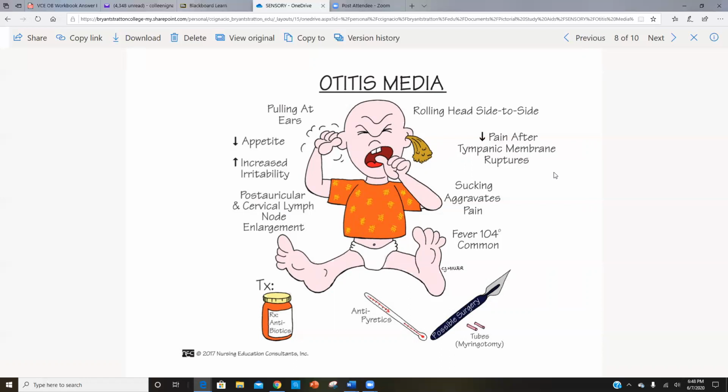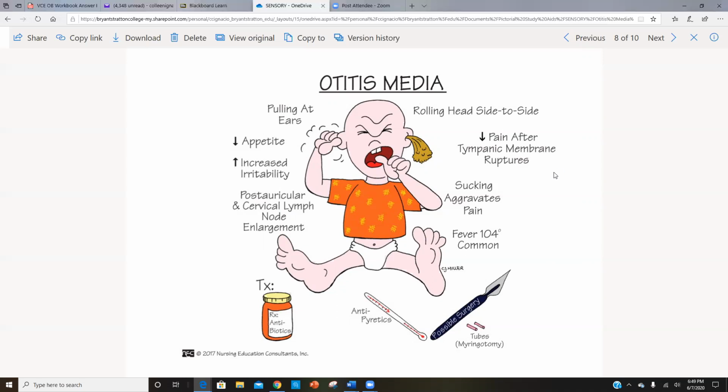So the other thing that we're looking for in the ear, we're looking at the tympanic membrane, and we're looking to make sure that the patient has the light reflex. The light reflex should be apparent. If not, that's an abnormal finding, and we'll have some concerns about that tympanic membrane.